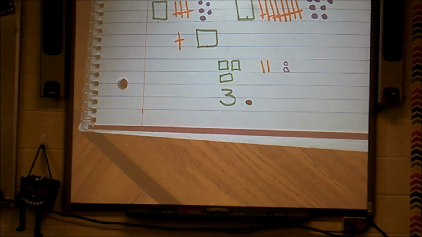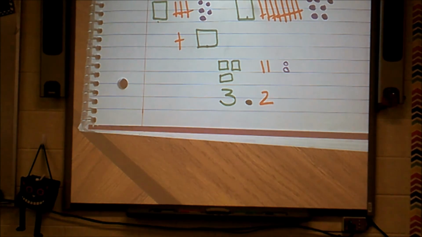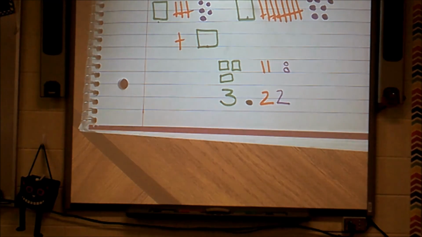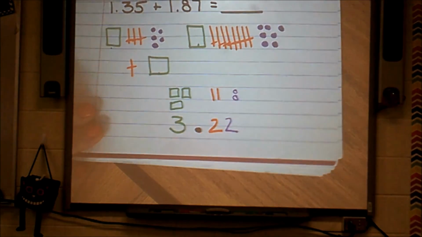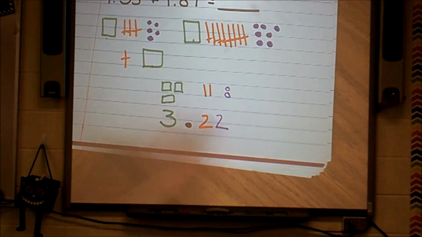I have 2 in my tenths place. And I have 2 in my hundredths place. So 1 and 35 hundredths plus 1 and 87 hundredths adds together to be 3 and 22 hundredths.